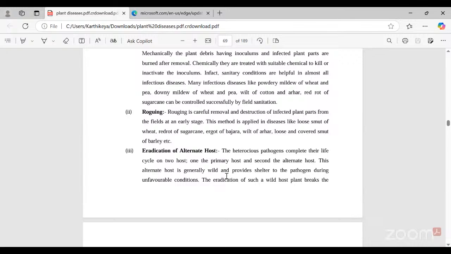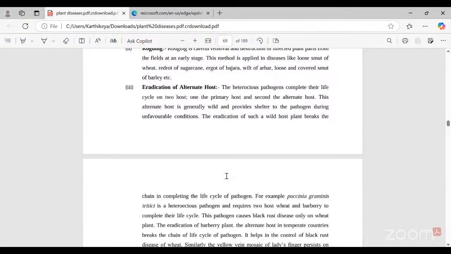Eradication of alternate host. Heteroecious pathogens complete their life cycle on two hosts, the primary host and the secondary host, or alternate host. This alternate host is generally wild and provides shelter to the pathogen during unfavorable conditions.